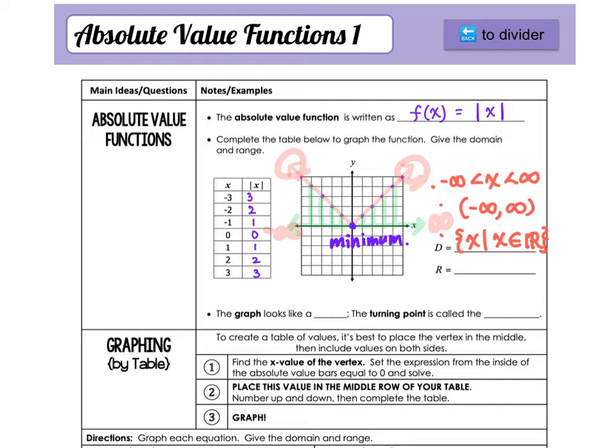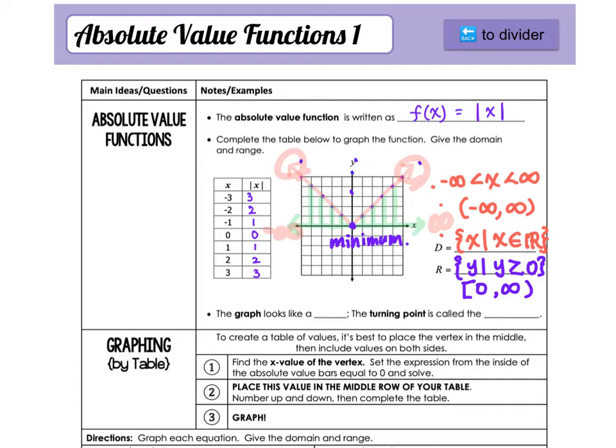So the range has to be greater than or equal to 0. Writing interval notation should be a bracket with 0 because we're going to include 0, and going to positive infinity because this is expanded upward, right?